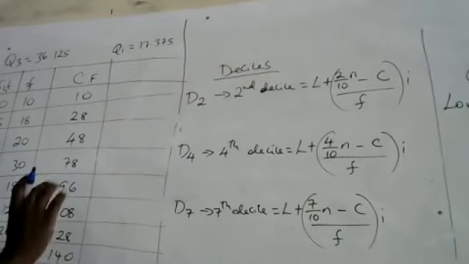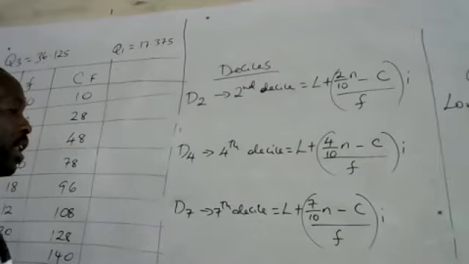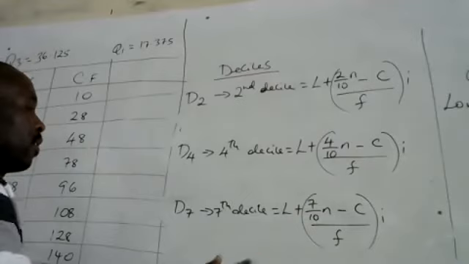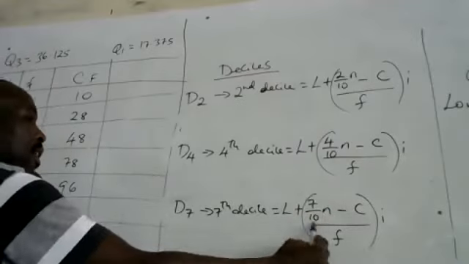So the deciles go from decile 1 all the way to decile 10. They cannot be more than that. If it was the 8th decile, this would have been 8 over 10; for the 6th decile, 6 over 10 N. That is how this part changes.